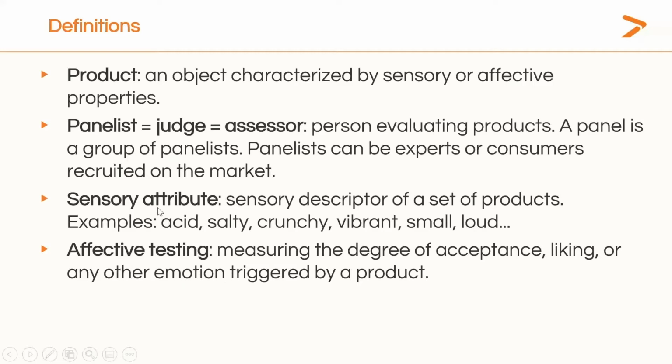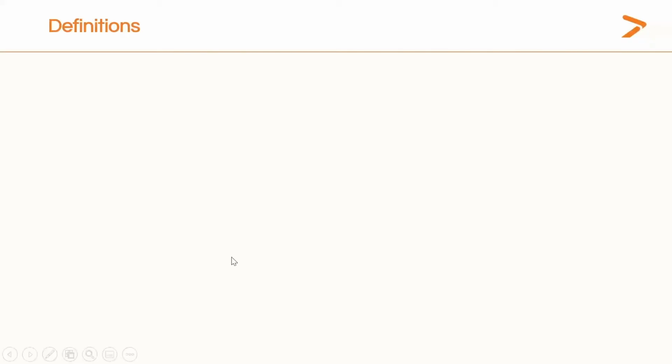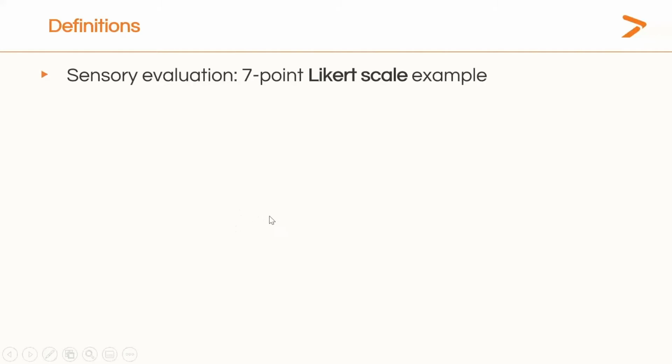Now, how do we measure sensory attributes, or affective data? Very often these variables are measured on quantitative or ordinal scales. Here's an example of a popular scale used in this case, the 7-point Likert scale.